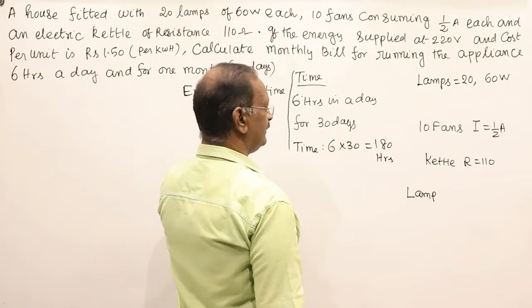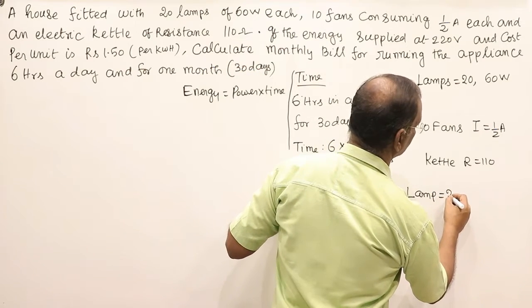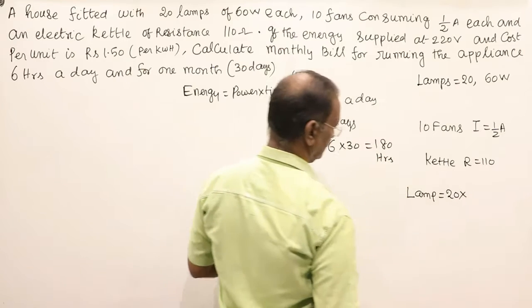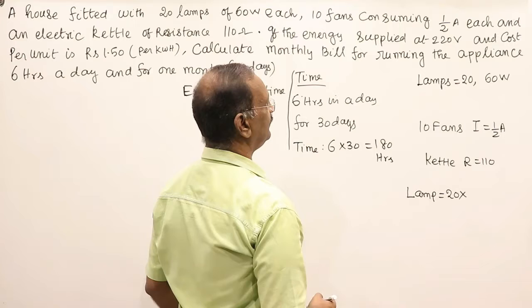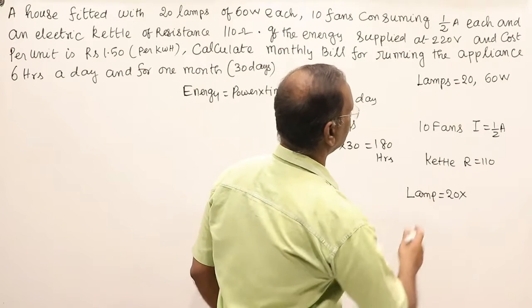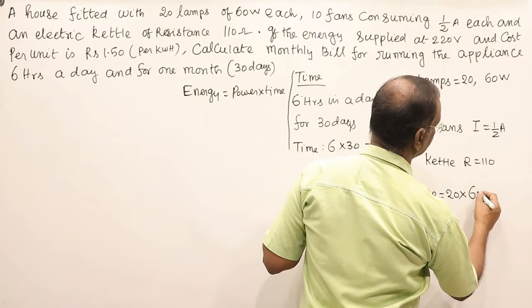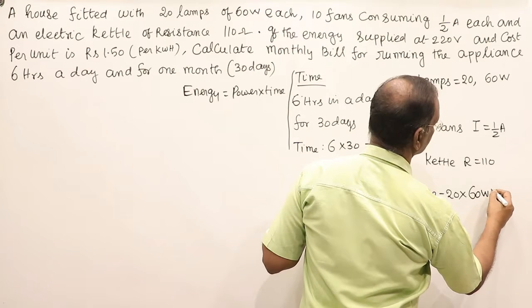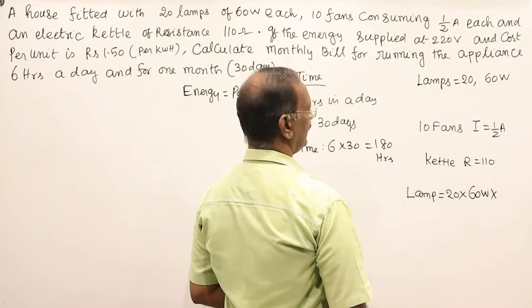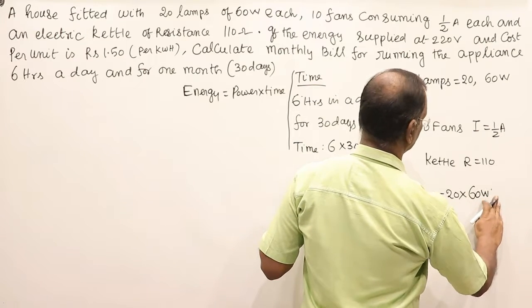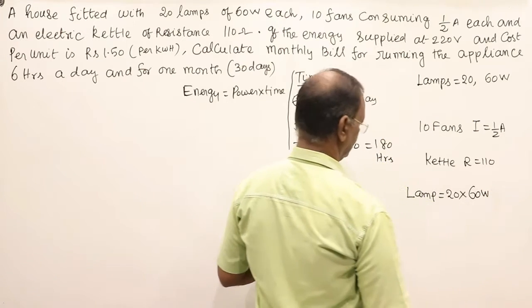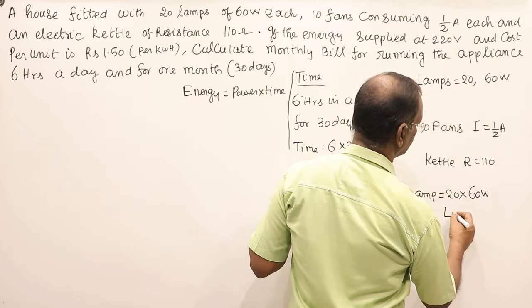There are 20 such lamps, and the power is given as 60 watt each, so it is already given as a 60 watt lamp. This is for 1 day.